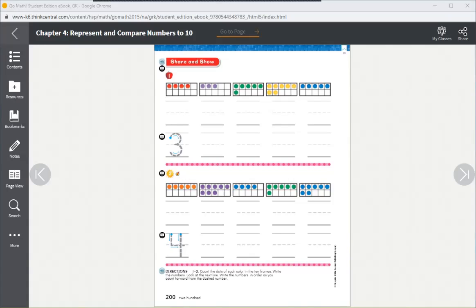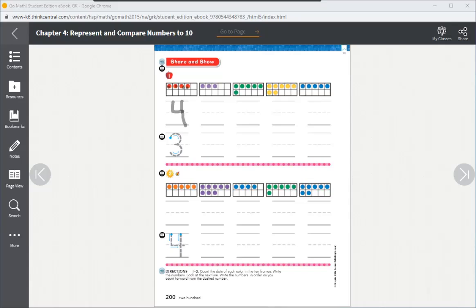We're going to count the dots, those are the counters, and write the number below. So we're gonna count the red ones first. I'll do the first one, and after that, I will ask for help from one of you, okay? So I'm gonna count the red counters in this 10 frame. 1, 2, 3, 4. So there's 4 counters in this 10 frame.